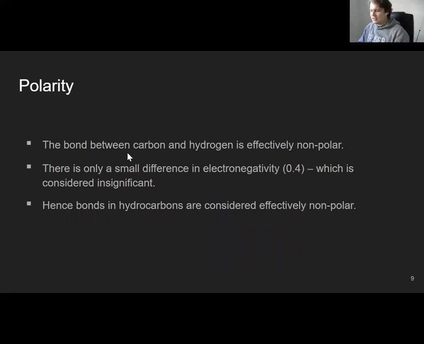If the electronegativity difference between 2 atoms is less than 0.5, it is considered insignificant and not polar. So carbon to hydrogen is 0.4. So hydrocarbons themselves are non-polar. They do not dissolve in water. Try and dissolve oil into water or petrol into water, and it won't happen.